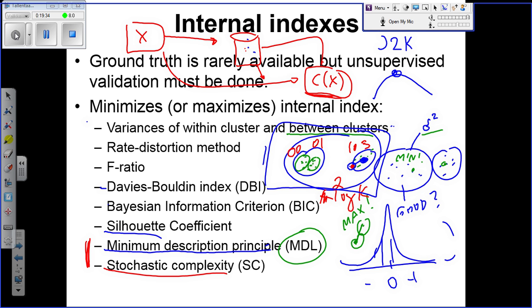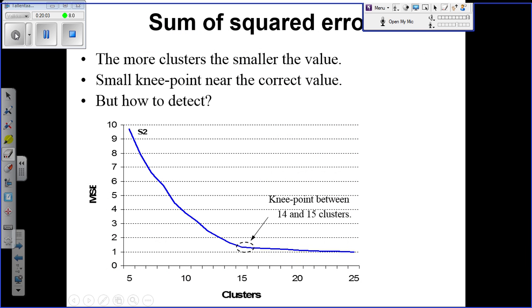If we have clear clusters, the correct number of clusters is expected to produce the minimum file size. The minimum description length principle, stochastic complexity, and others are based on this kind of principle: find the best model size that minimizes the coding.